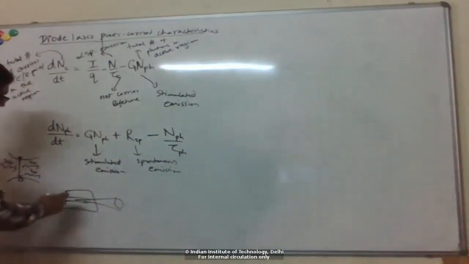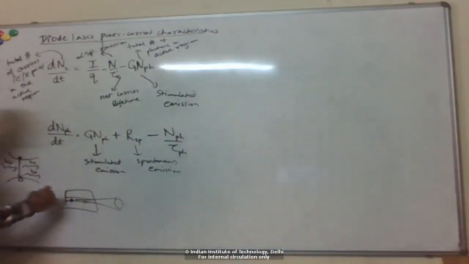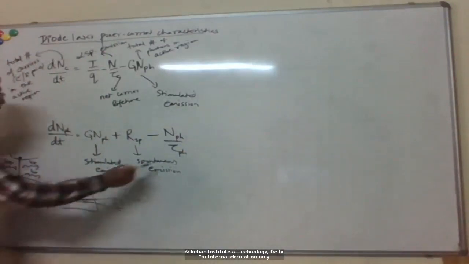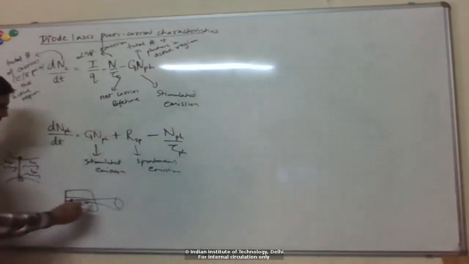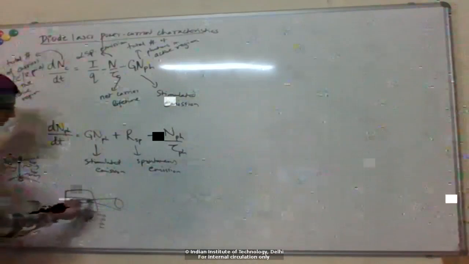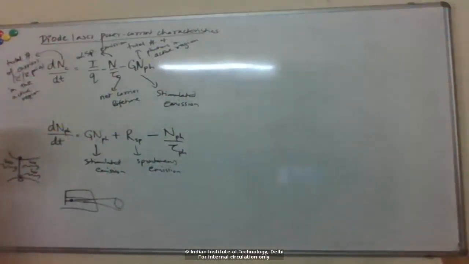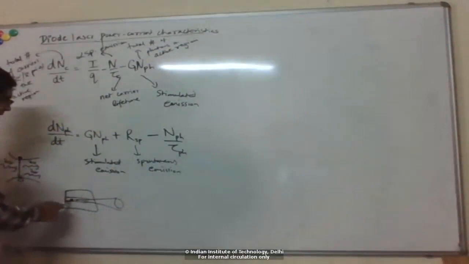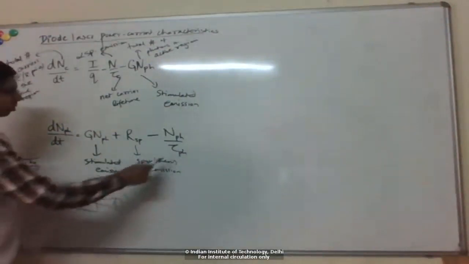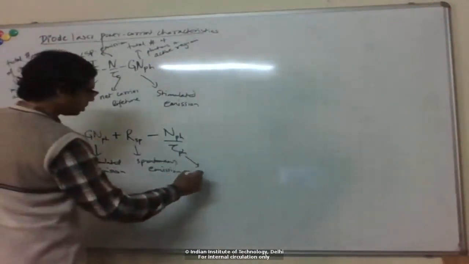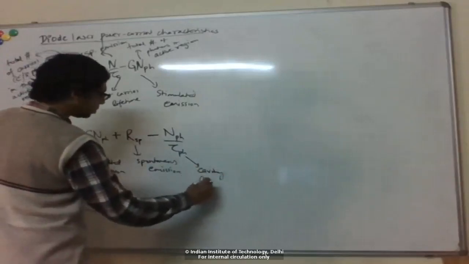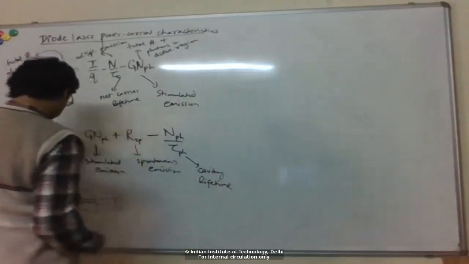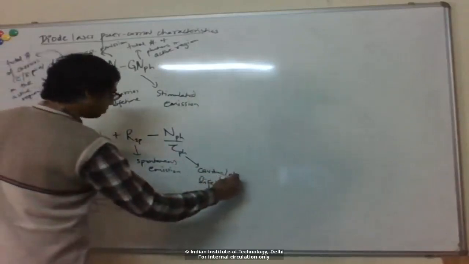A photon which is created in the laser cavity stays for roughly an average time of tau photon, bouncing back and forth a few times before leaking out. So the average time for which the photon stays in the cavity before leaking out is tau photon, known as the cavity lifetime, or the photon lifetime.